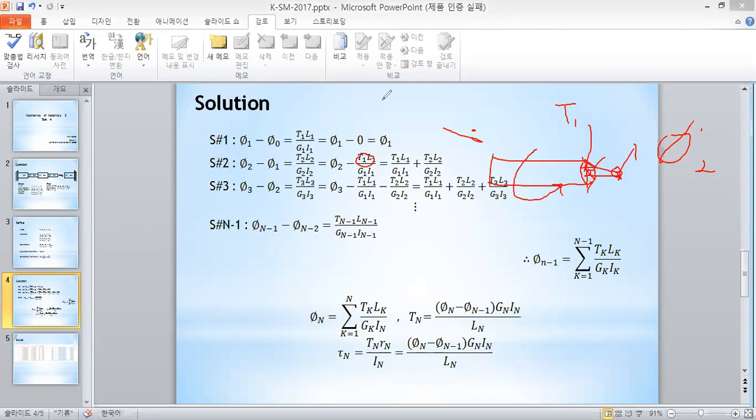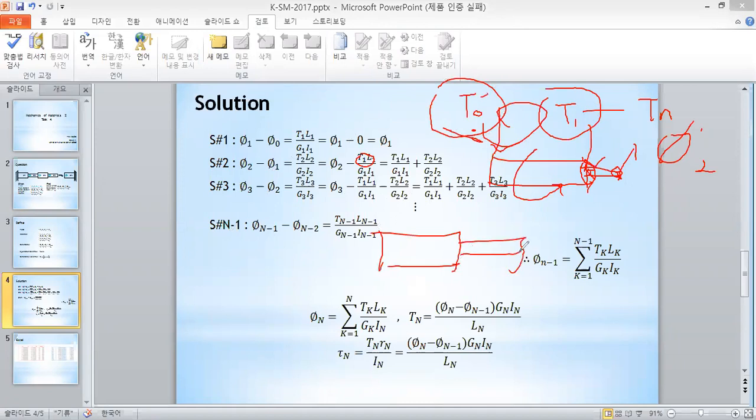We couldn't find the torque just by the given T1 to Tn, so we needed to define certain properties here. I'll consider the real torque Tn and the applied torque Tn prime. So we found this T1 prime.